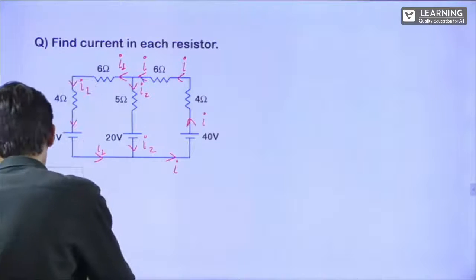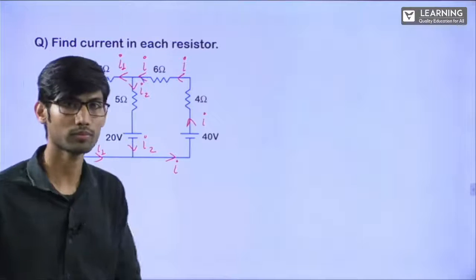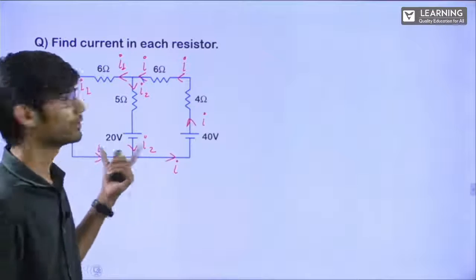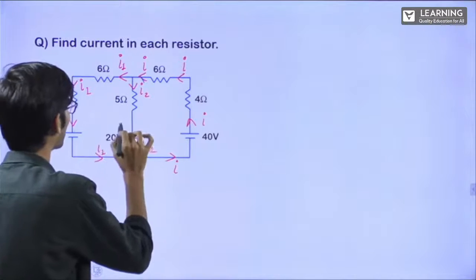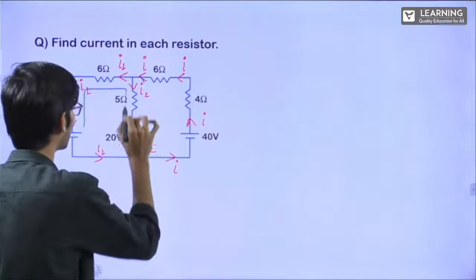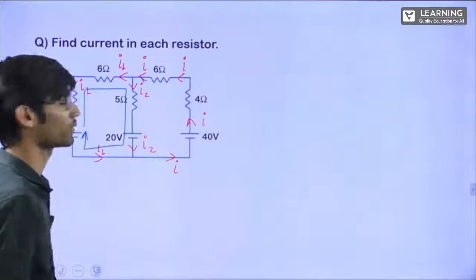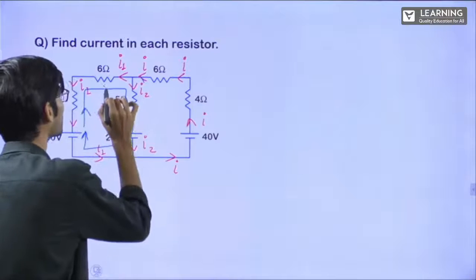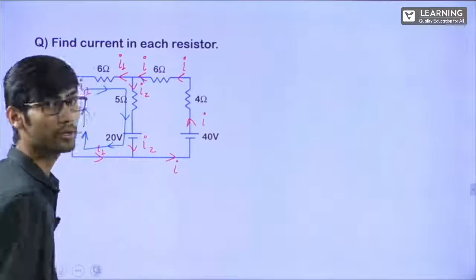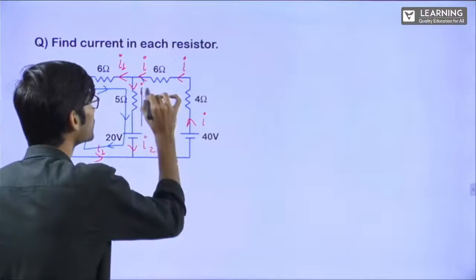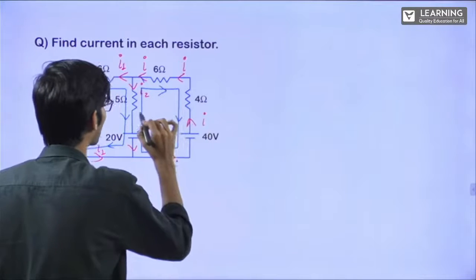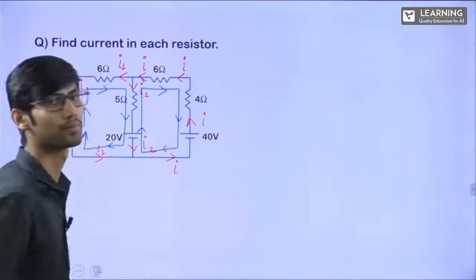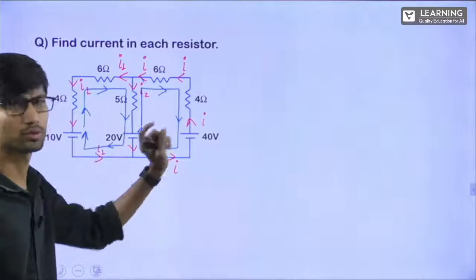Now let us select a loop. Which loop? Let me select this one. Okay, let's select this as one loop. The direction I am choosing like this. This loop also I am choosing the direction like this. Clear? In both I have chosen clockwise.